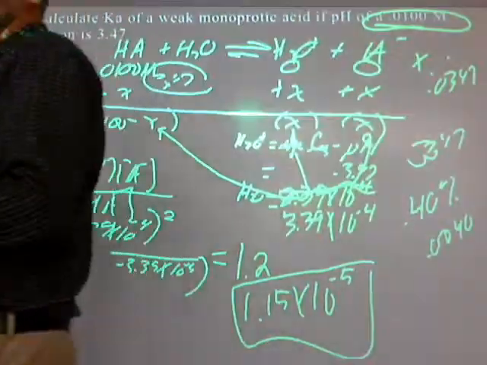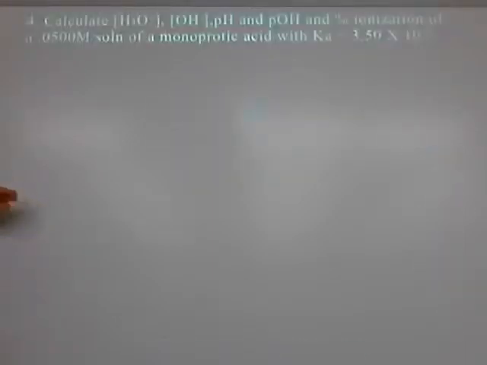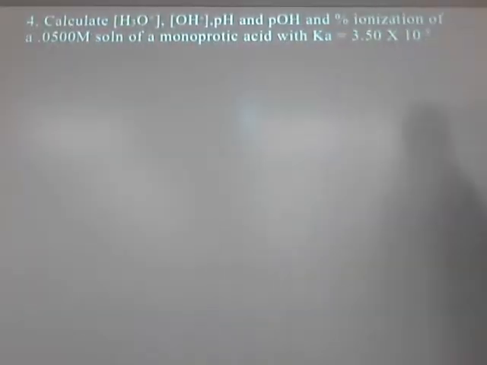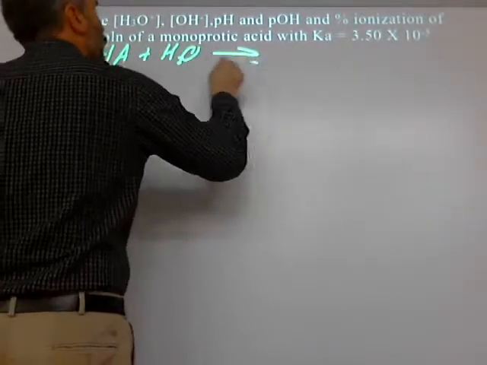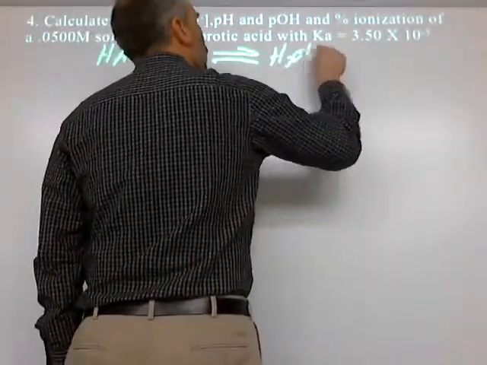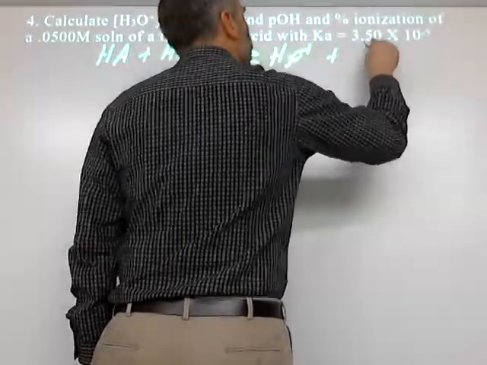All right. Okay. So there's that kind where I'm solving for Ka when I know what X is. Now there's this kind where I'm asked for X and I'm given Ka. X being hydronium. Okay, so let's set this guy up. HA plus water yields hydronium plus the negative ion.